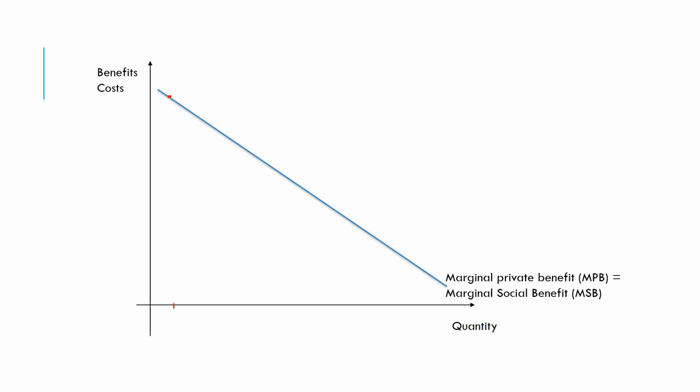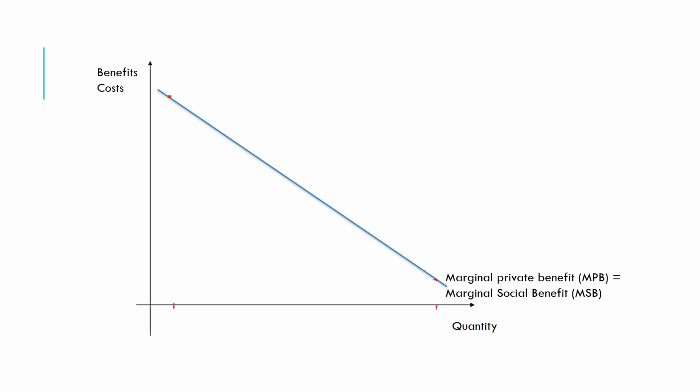By the time we've chopped down our millionth tree, actually everyone who wanted one has got one, and we'd only get a lower price, a lower value, a lower benefit for that millionth tree produced. So here we have a downward sloping curve that illustrates the benefits we get from chopping down trees. It also equals the marginal social benefits here, but we'll come on to that in a second as to why that's the case. So we've got the private benefits.